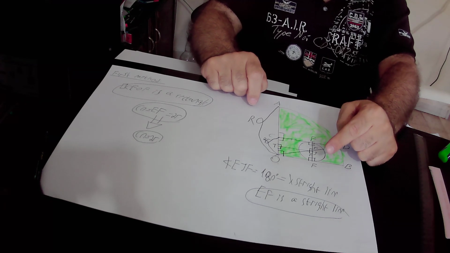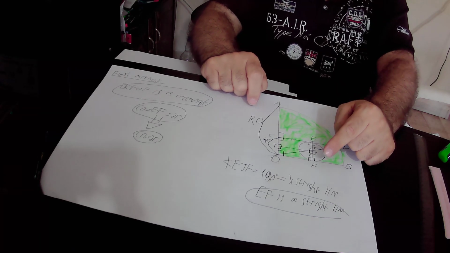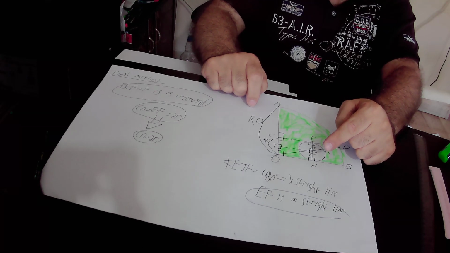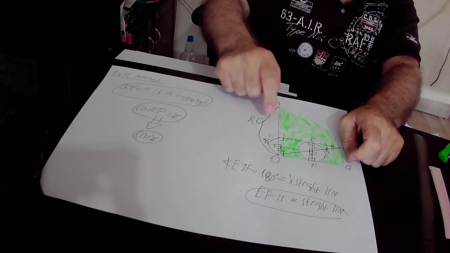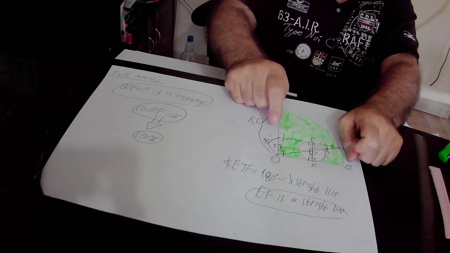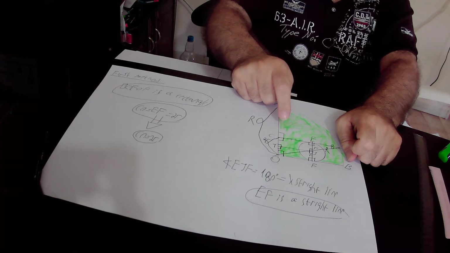If angle EJF is a straight line, it means that EJF is a straight line, and if EJF is a straight line, it means that EF is a straight line, and if EF is a straight line, it means that quadrilateral CEOF is a rectangle. Quadrilateral CEOF is a rectangle, and we know that the opposite sides of a rectangle are equal to each other.